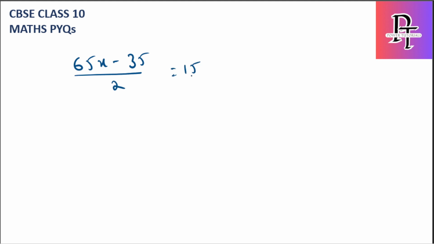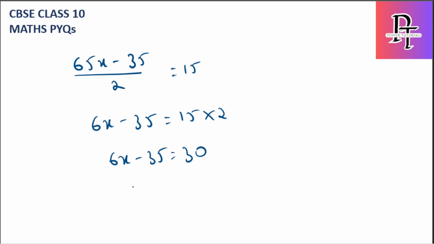If I move 2 to the right side, it becomes 15 into 2. So 65x minus 35 is equal to 30. If I move 35 to the right side, it becomes 65x is equal to 65, so x is equal to 1.